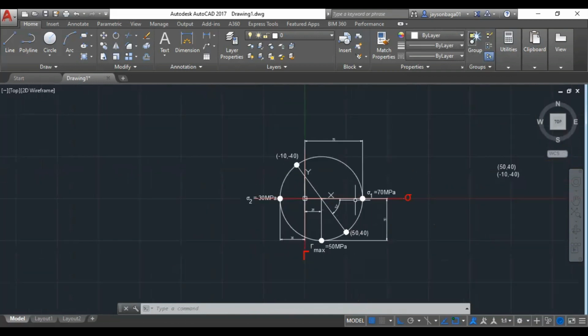Okay, so ngayon nakuha na natin yung mga hinahanap na value. So i-compare natin ito doon sa mga na-compute nating value using equation method. Tignan natin kung meron ba tayong discrepancy.